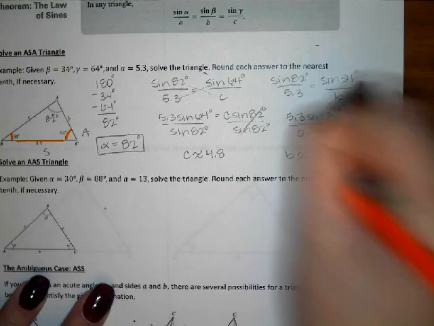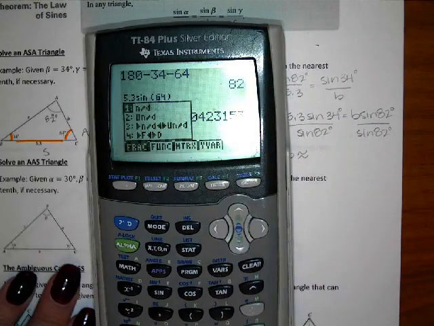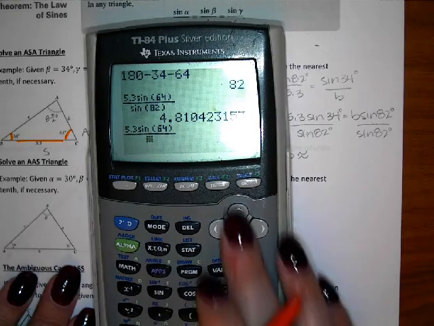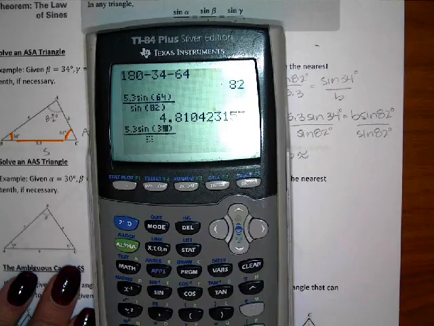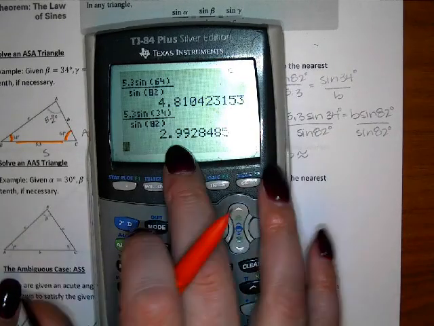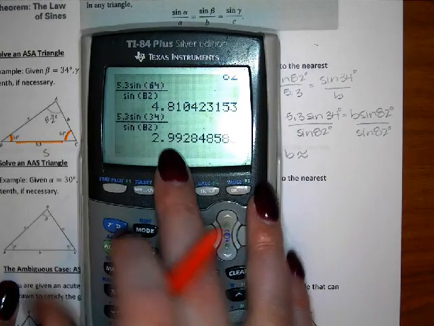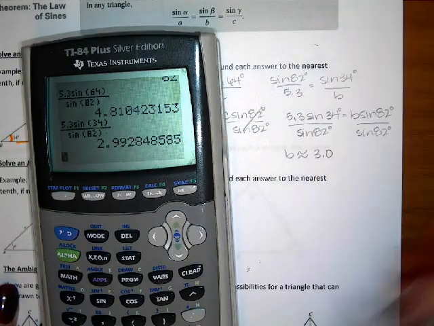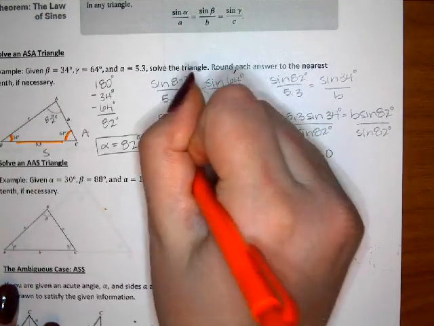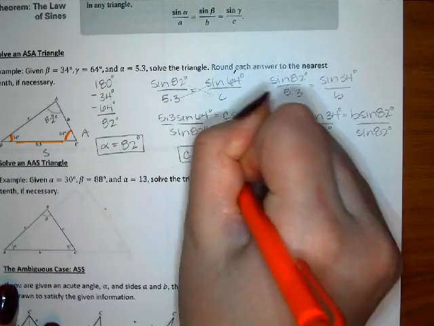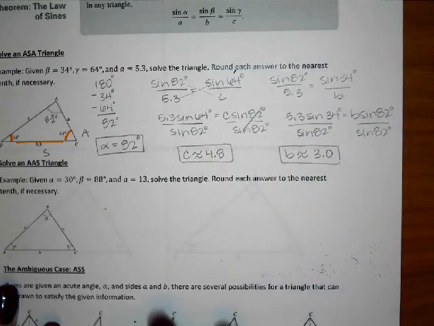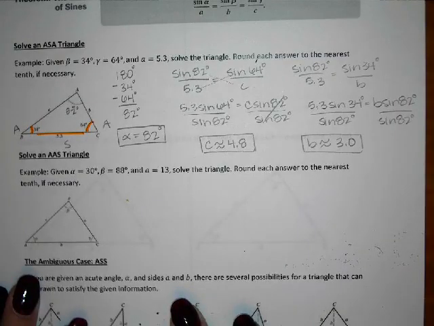And B is approximately 2.99. If I round it to one decimal place, it's going to round up to 3.0. So the triangle is solved. I found the sides that were missing, and I found the one angle that was missing. All right, let's try the next one.